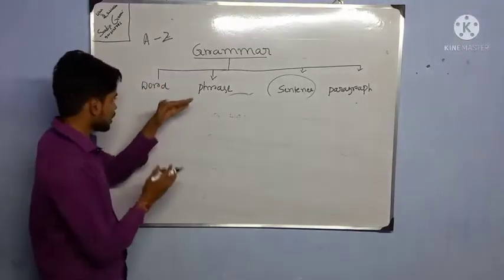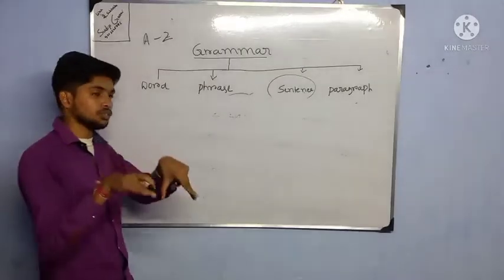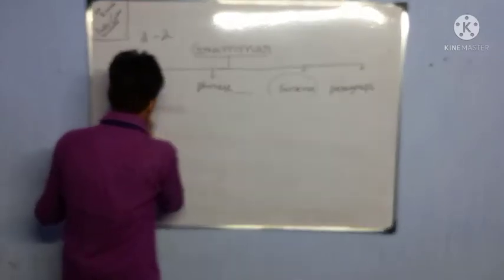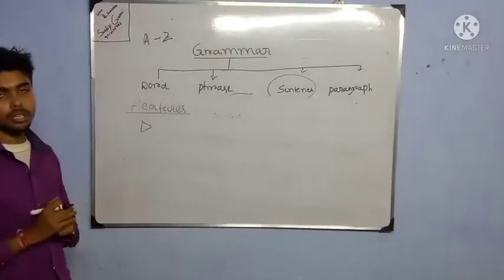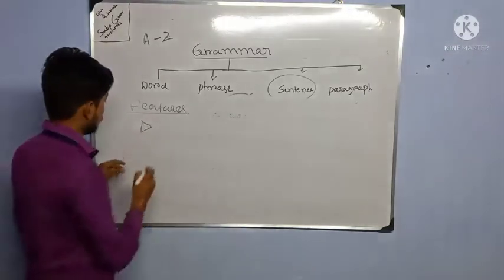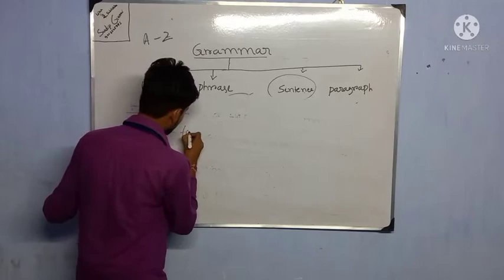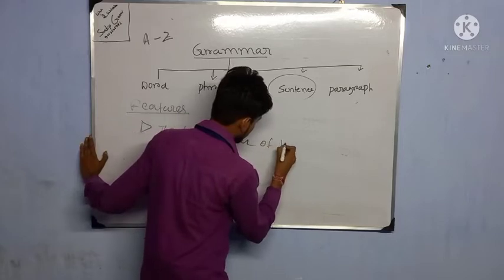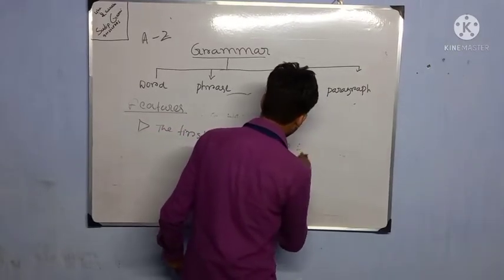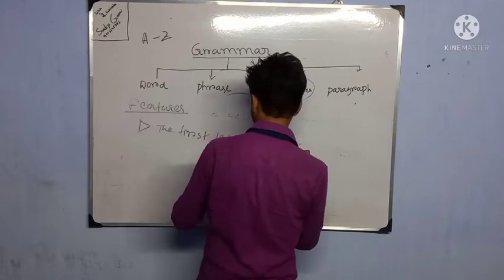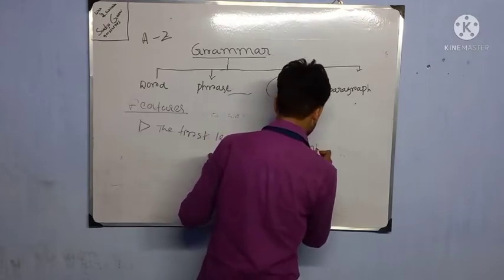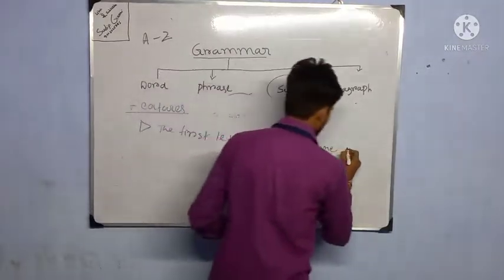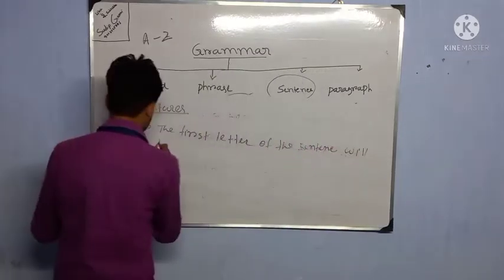So now, what are the conditions of a sentence, or what are the features of a sentence? First feature, a very important feature, is that the first letter of the sentence, or the first letter of the words of the sentence, whatever you may say, will be capital.